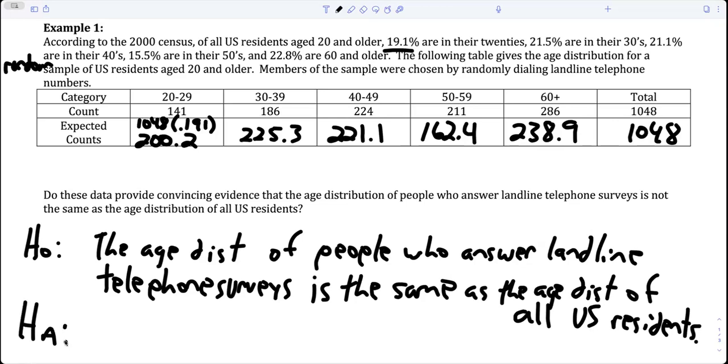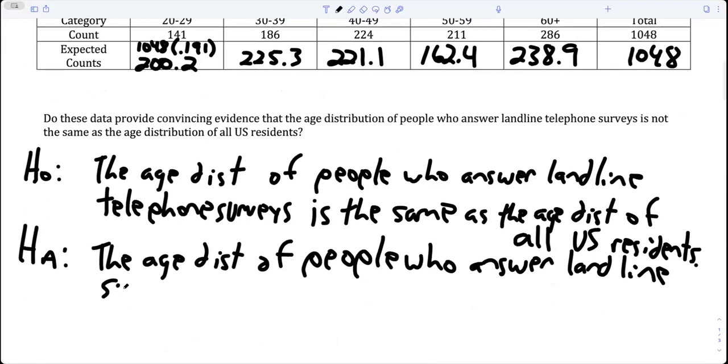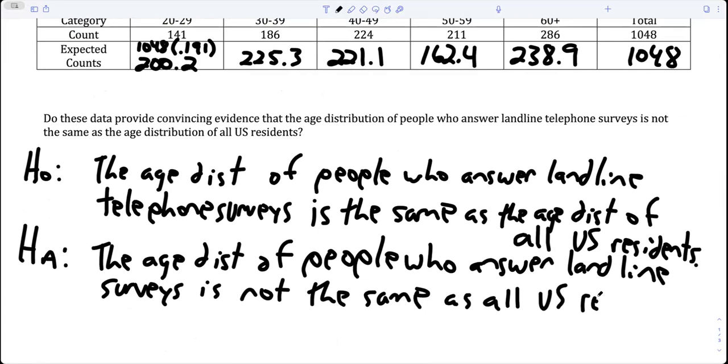The alternative hypothesis is that the age distribution of people who answer landline surveys is not the same as that of all US residents.